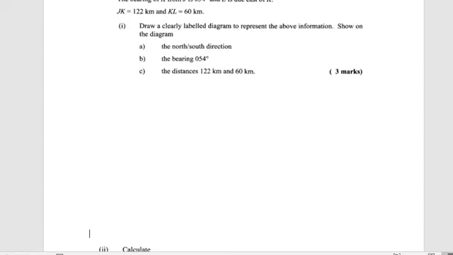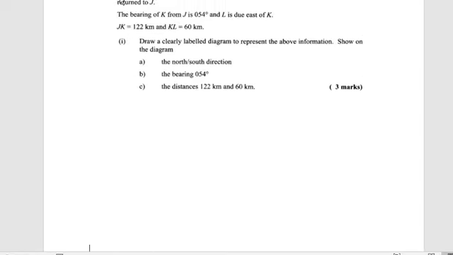So it is saying J, K, L are three seaports, and a ship began its journey at J. So what you're going to have is our beautifully drawn port right here. So this is our ship, and it is in water.